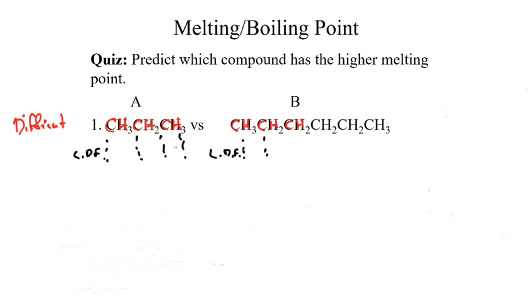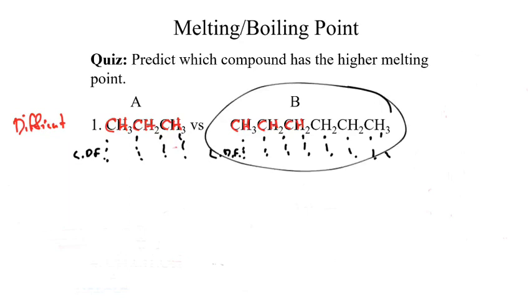When we look at B, we're going to get a whole lot more interactions, which means the sum total of those forces are going to contribute to our melting point, and B ends up being the higher melting point because there's more of those weaker forces present. Okay? So when we're thinking about melting and boiling point, realize that at a first approximation, it's just the raw strength of the intermolecular force that dictates.